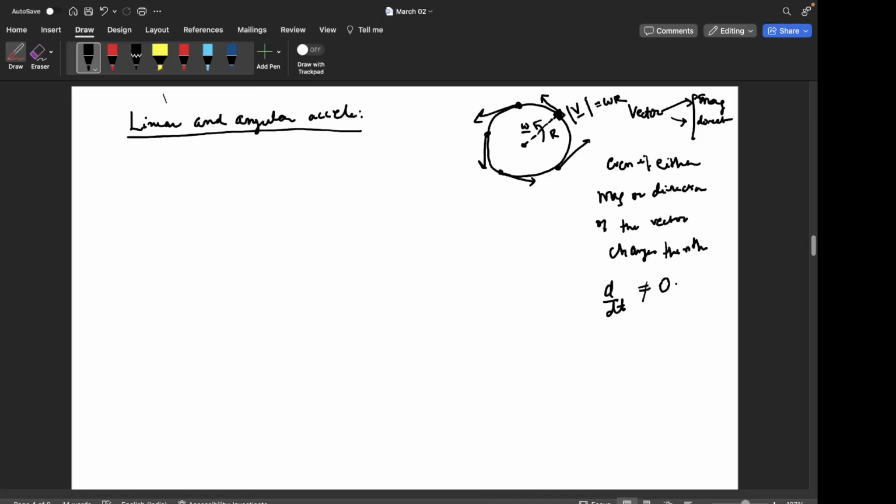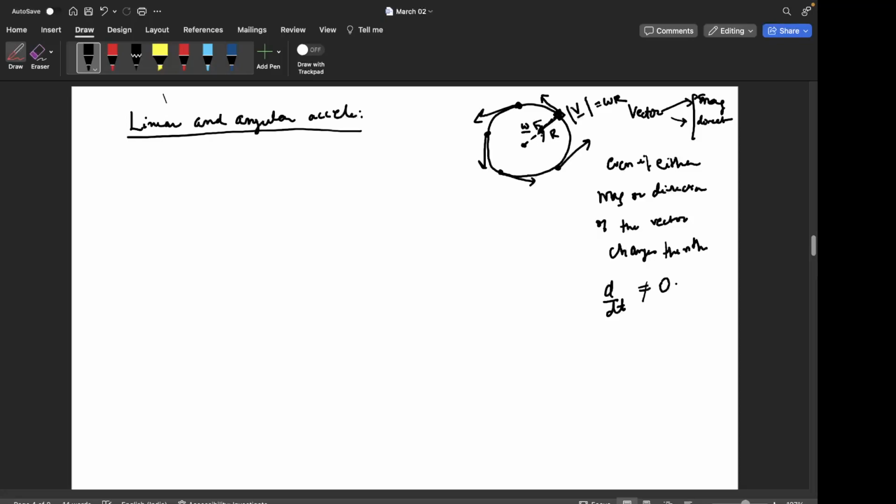And this change cannot happen on its own, because you know from Newton's law that velocity would remain the same if there is no external force. But here the velocity vector is not the same, so there has to be an external force. And there is in fact the centrifugal force which acts on it, or the centripetal, whatever you call it.